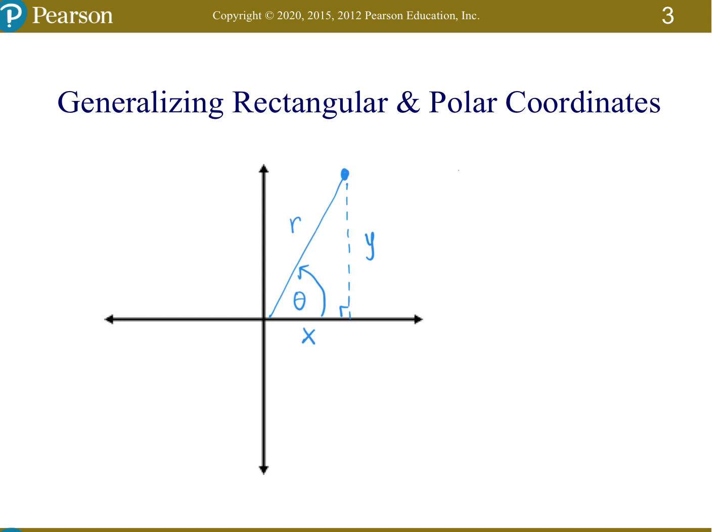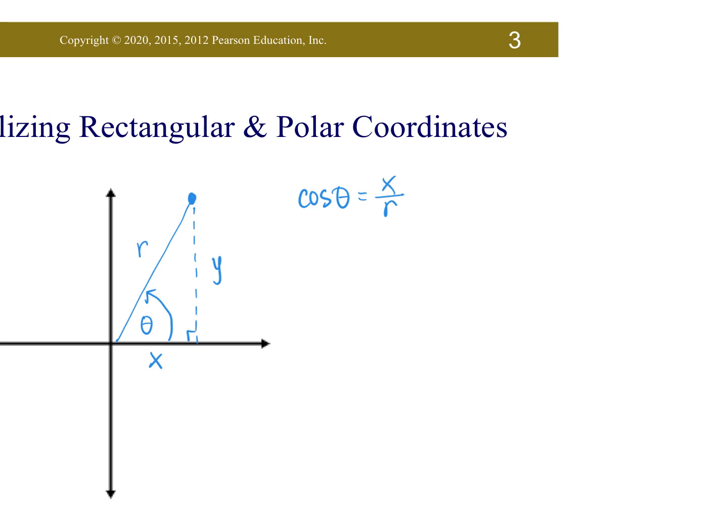And so we have that cosine of theta would be x over r. And then just simply manipulating that, multiplying both sides by r, that leads you to x by itself being equal to r cosine theta. So you can find the x-coordinate by simply taking r and multiplying it by whatever the cosine of theta is.